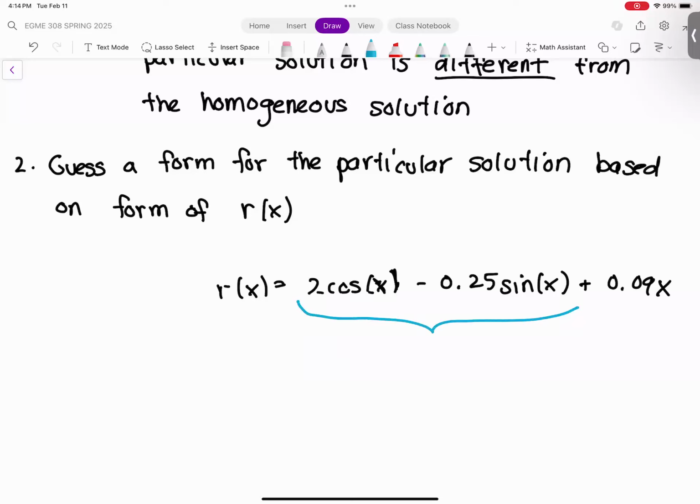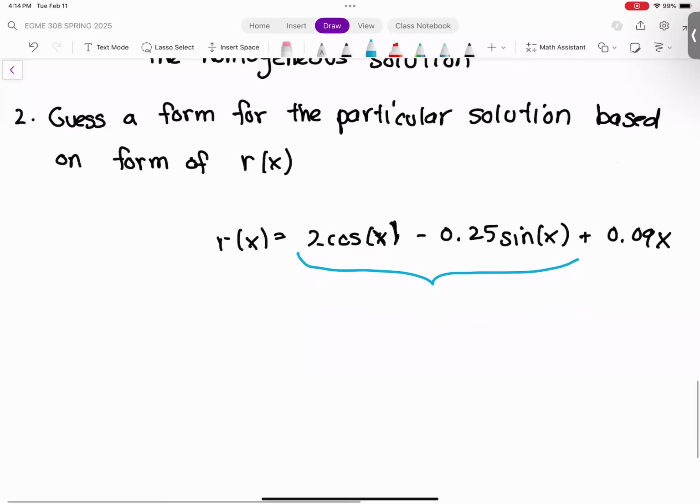Okay. So let's look at these two terms first. So we have 2 cosine x minus 0.25 sine of x. Okay. So these are sinusoids. More particularly, they are sinusoids with frequency 1.